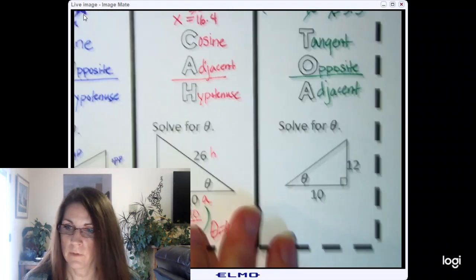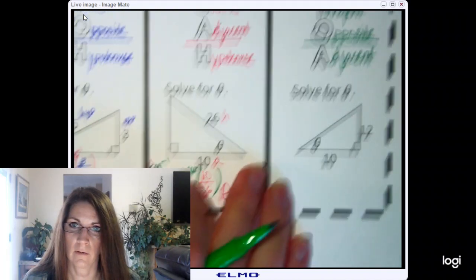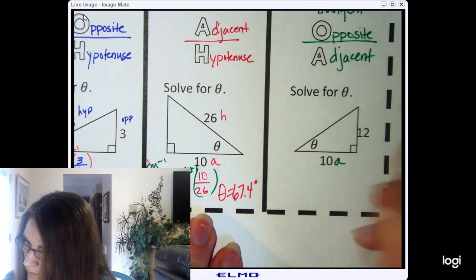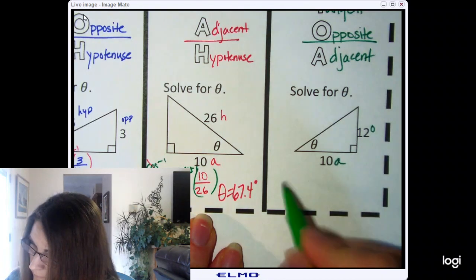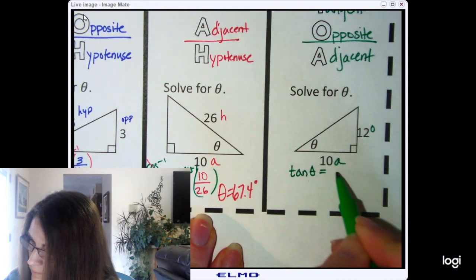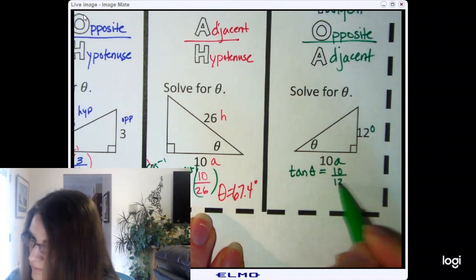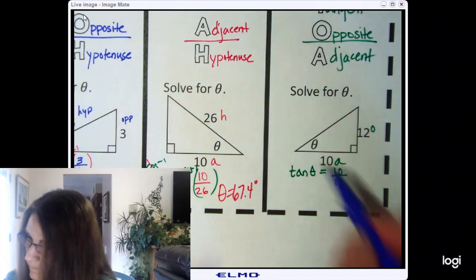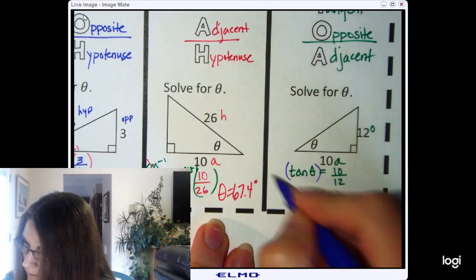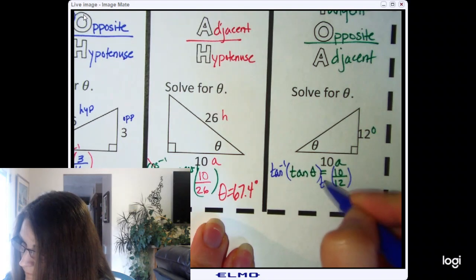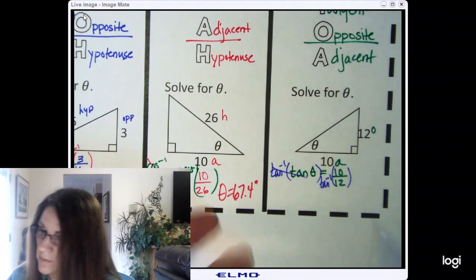Okay, let's move down and solve for a missing angle here. Here's the adjacent side, opposite. Tangent of theta is opposite over adjacent. What are we going to use here? Inverse tangent. Both sides. Cancels here.